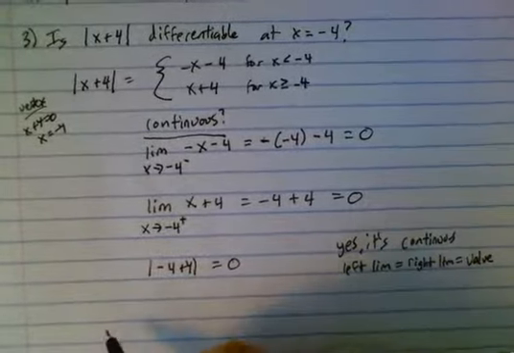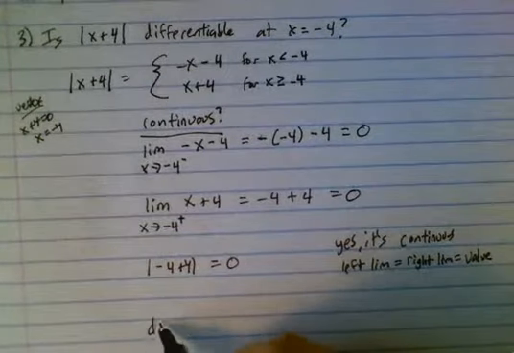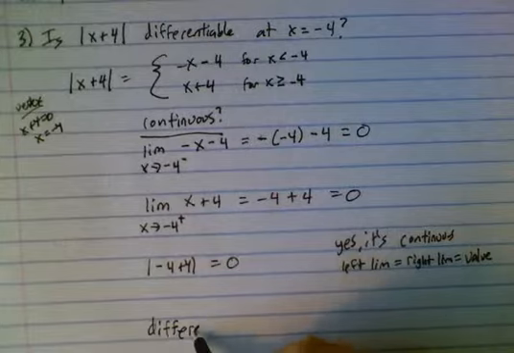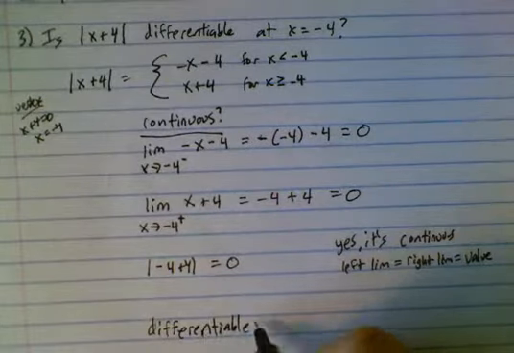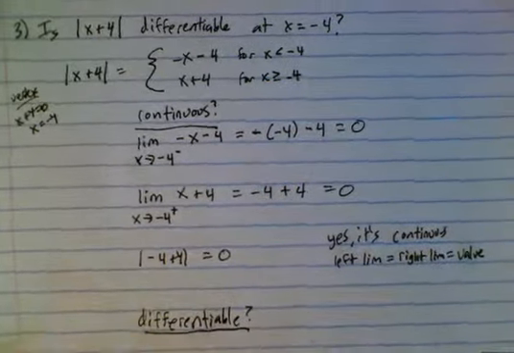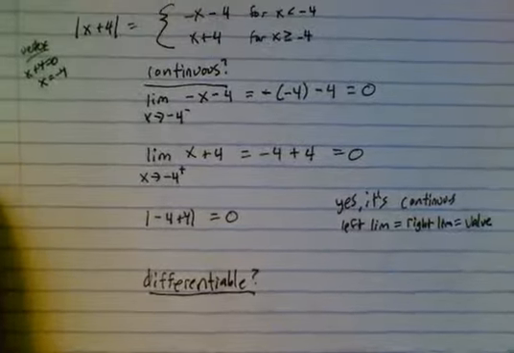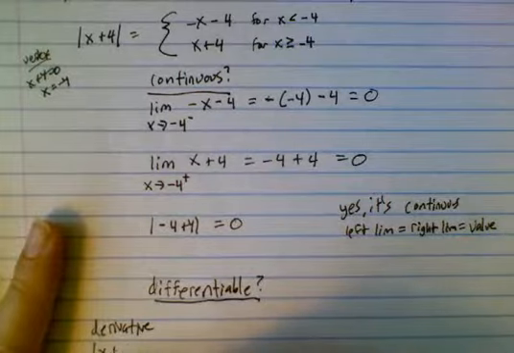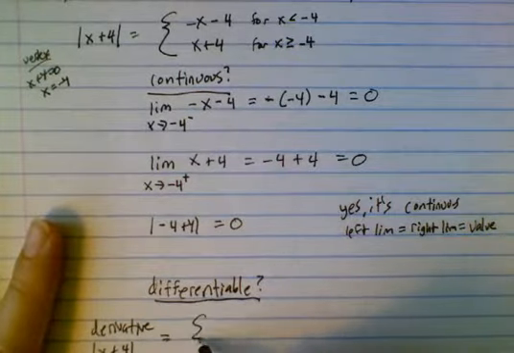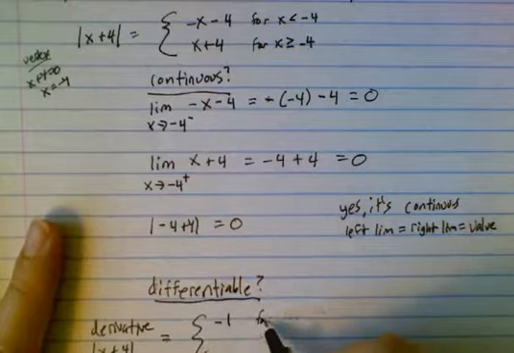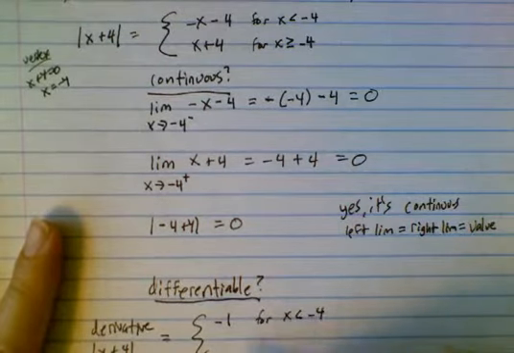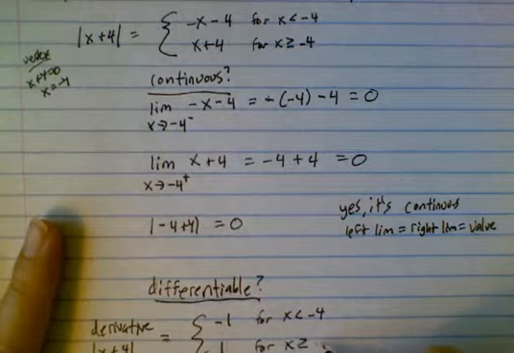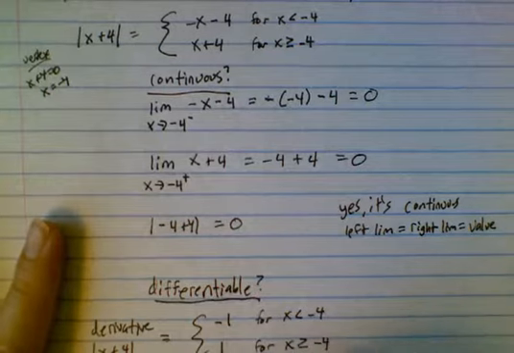We do still have to check though, is it differentiable? Here's where it's very useful to have this already separated right here, because now we can see the derivative of the absolute value of x plus 4, negative 1, when x is less than negative 4, positive 1, when x is greater than or equal to negative 4.